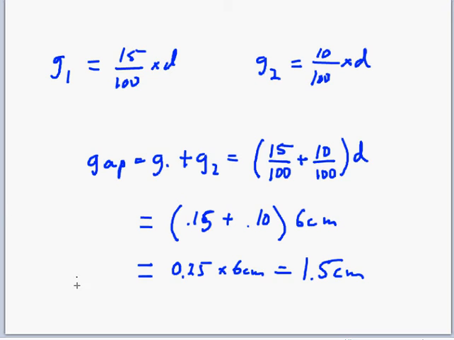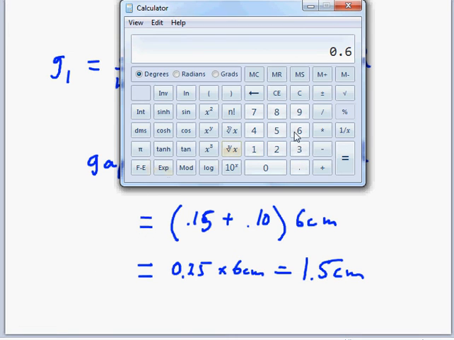Just in case that's confusing, let me do it how we probably normally do it. So this gap 1 is 15 divided by 100 times D. Let's bring up the calculator. 15 divided by 100 times 6, so that's 0.9.